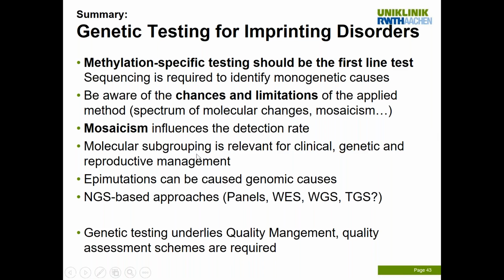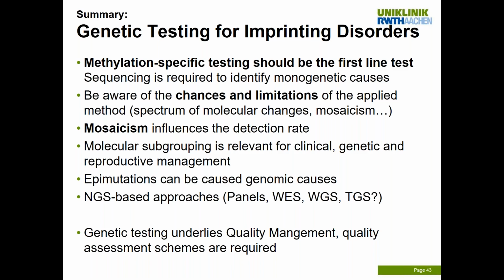We know that epimutations can be caused by genomic causes, and these genomic causes are associated with an increased recurrence risk. In the future, we probably will apply more than we do now: whole exome sequencing, perhaps whole genome sequencing, and long-read third-generation sequencing. Nevertheless, all these tests have to underlie a quality management system.